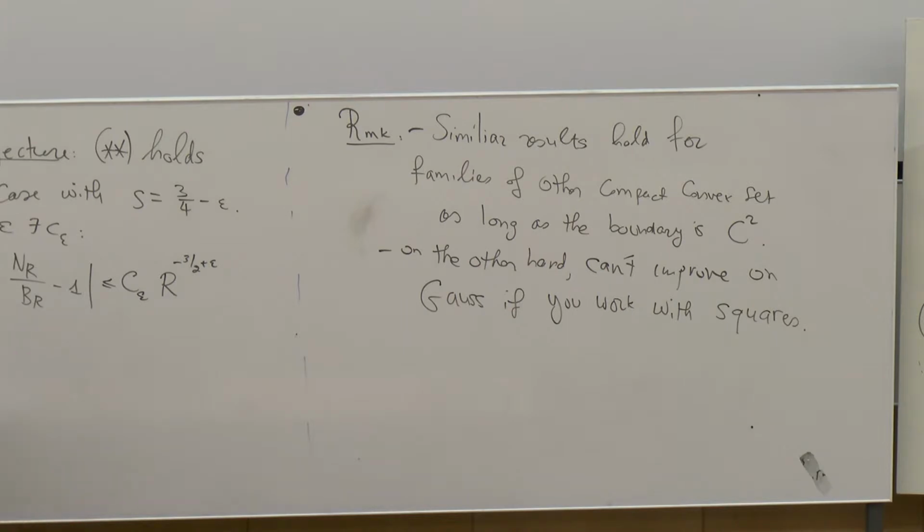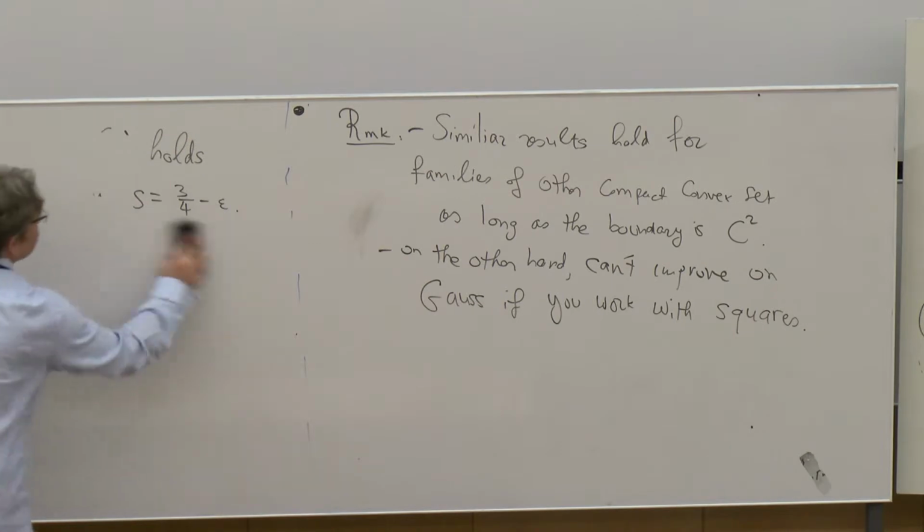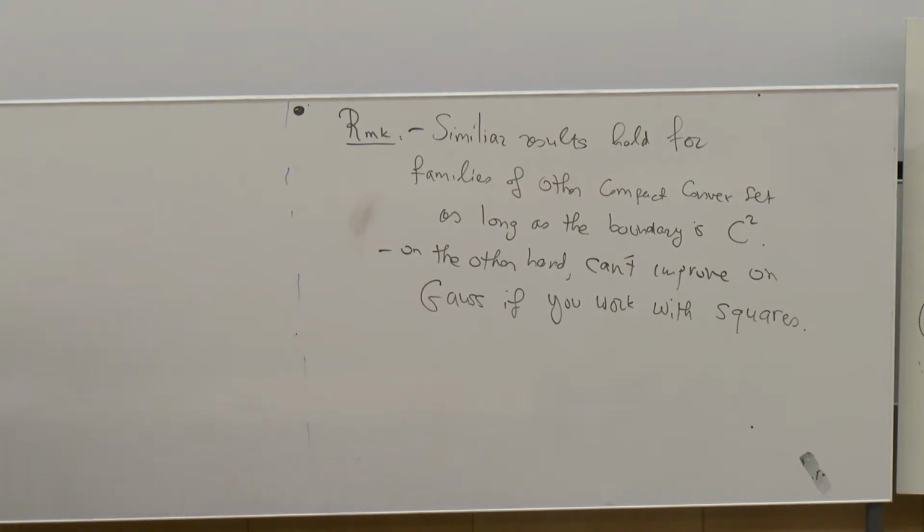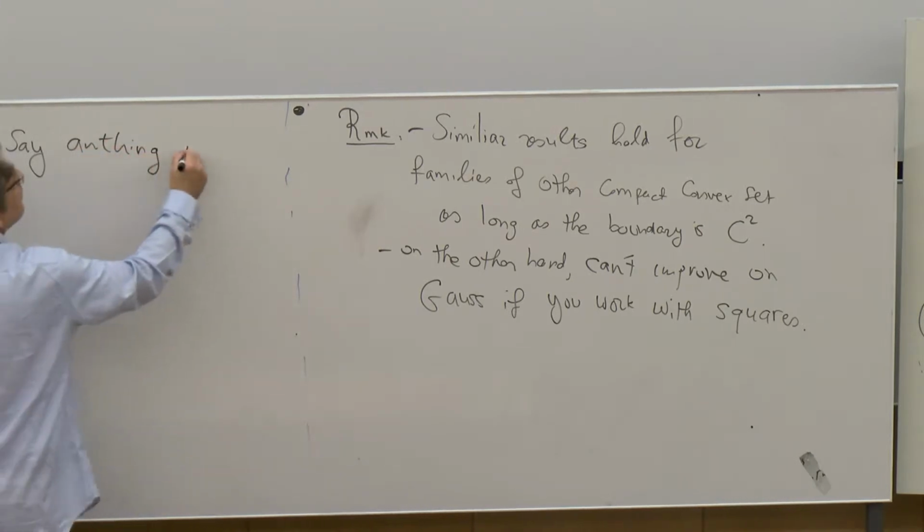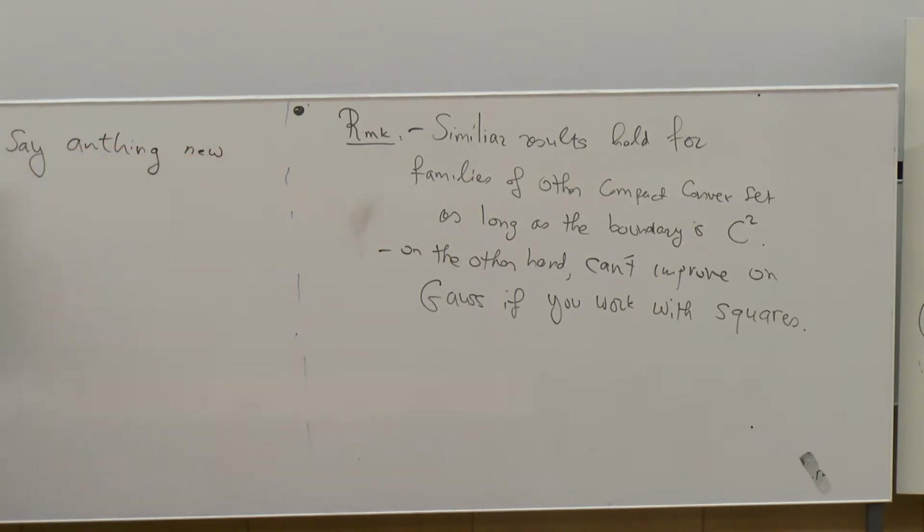So this is one of the things I want to discuss. Before doing that, let me mention another famous example. Just to be sure, I will not say anything new about the Gauss circle problem.